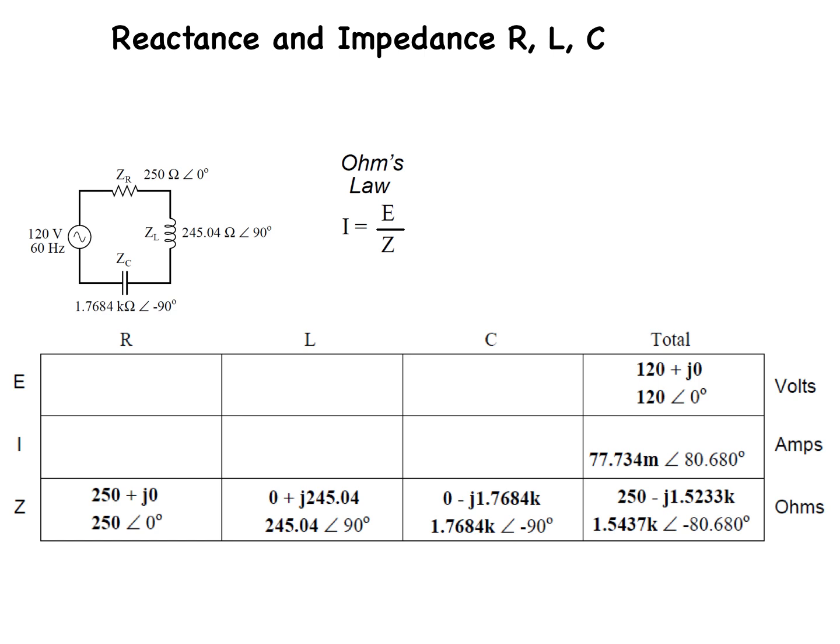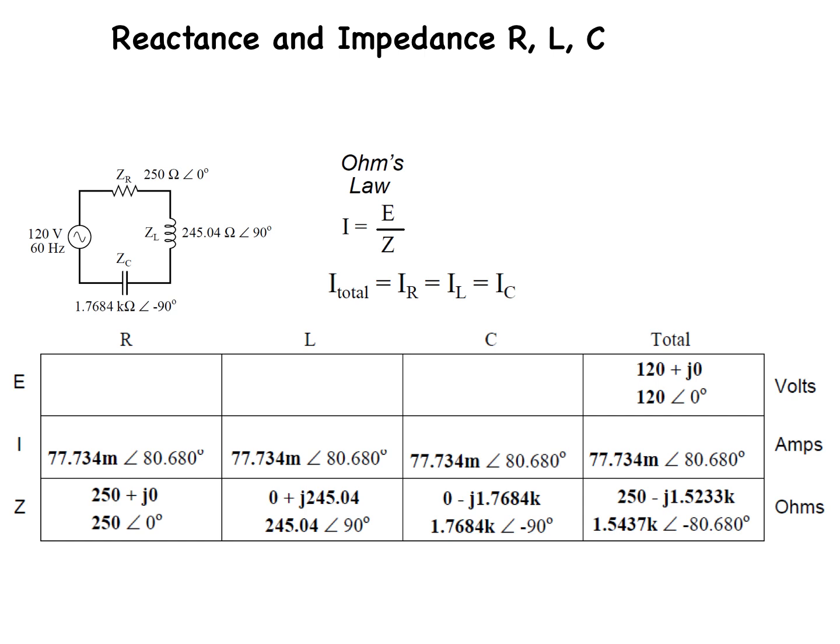And to do that calculation, because it is a division of two phasors, we're going to use the polar notation, which is the voltage 120 at 0 degrees divided by 1.5437 k ohms at minus 80.68 degrees, which will result in 77.734 milliamps, that's what the M is for, at plus 80.68 degrees.